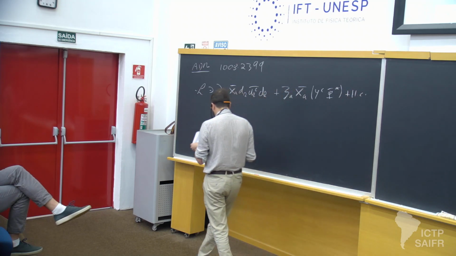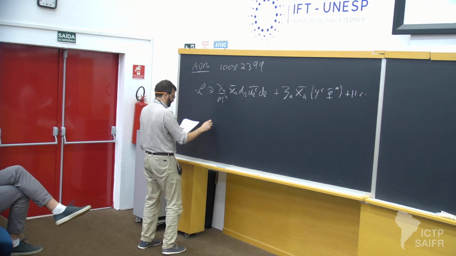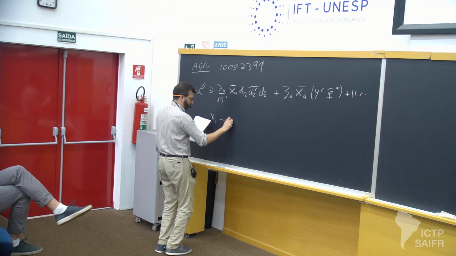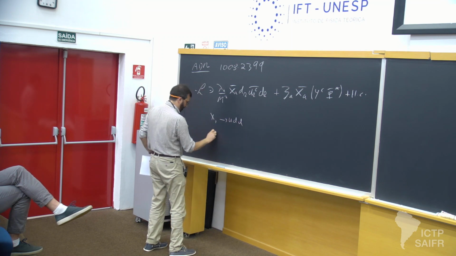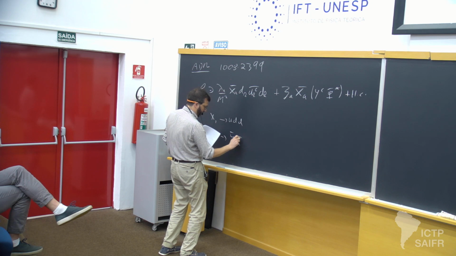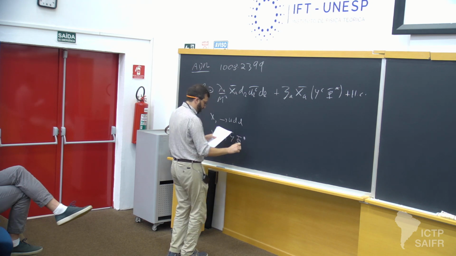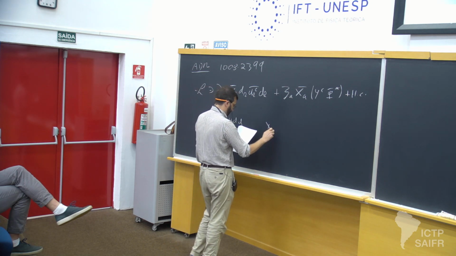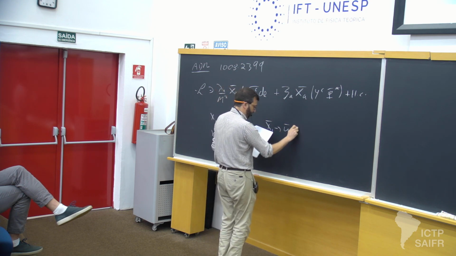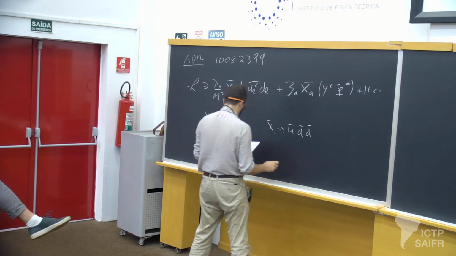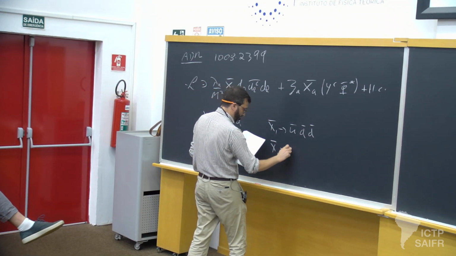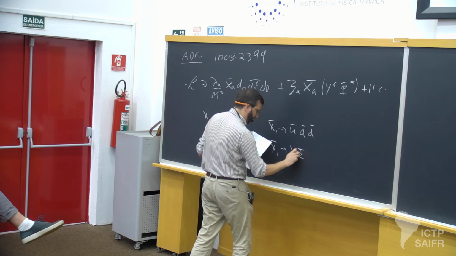Okay, and this gives you then decays: X1 to udd, X1 to Y bar phi star, X1 bar to u bar d bar d bar, and X1 bar to Y phi, okay?